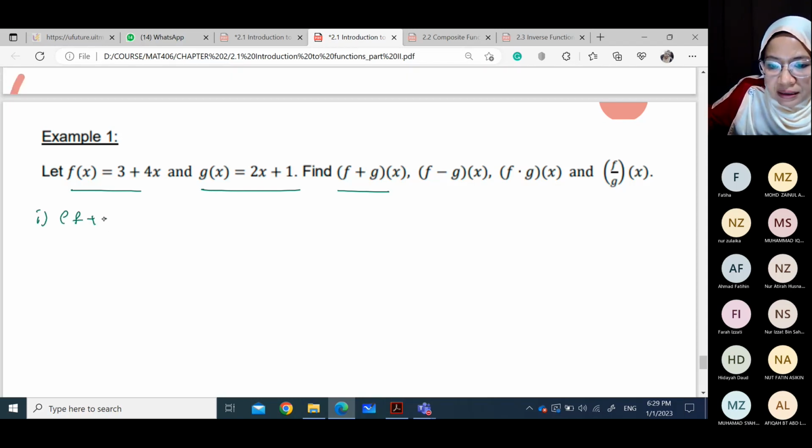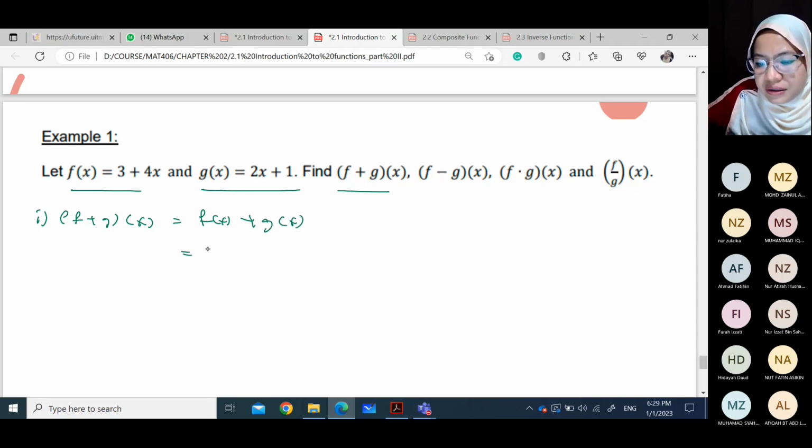So (f plus g)(x) is equivalent with function f plus function g. So kita ambil function f, which is 3 plus 4x, and then we plus with function g. So function g dekat sini adalah 2x plus 1.